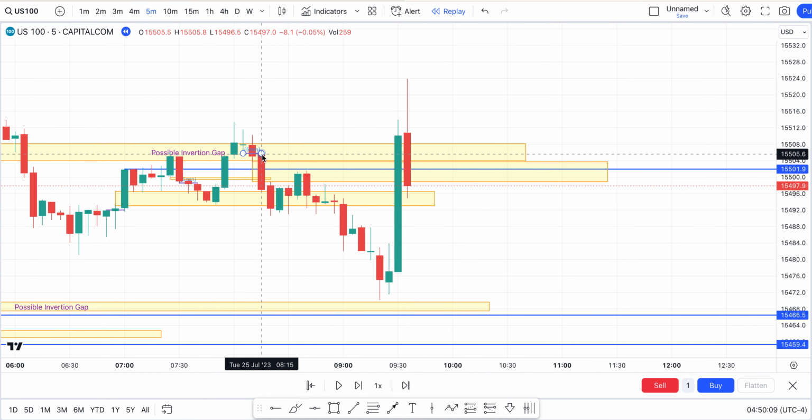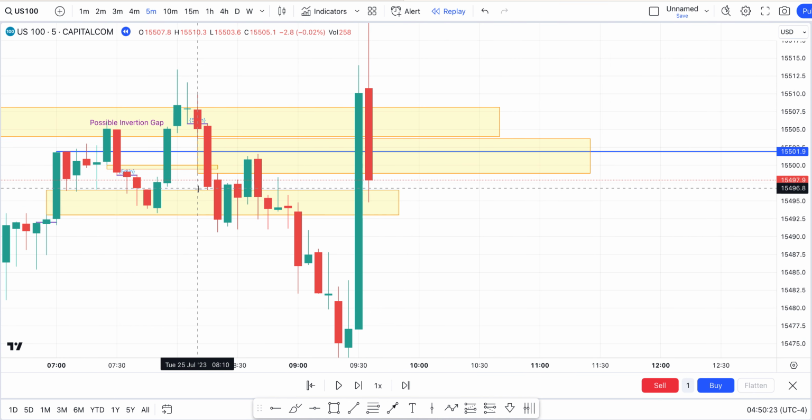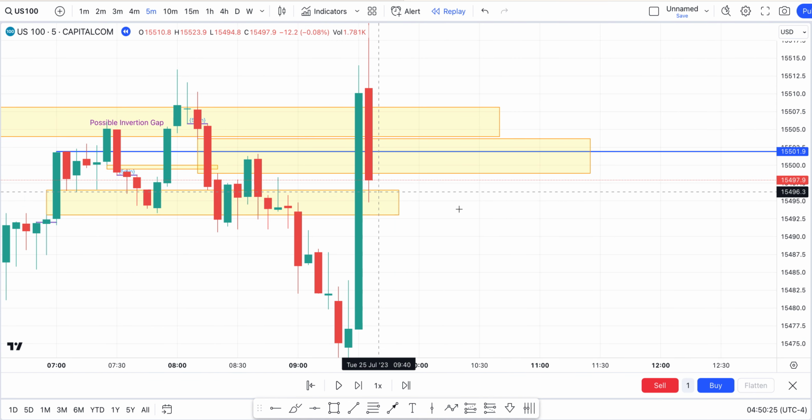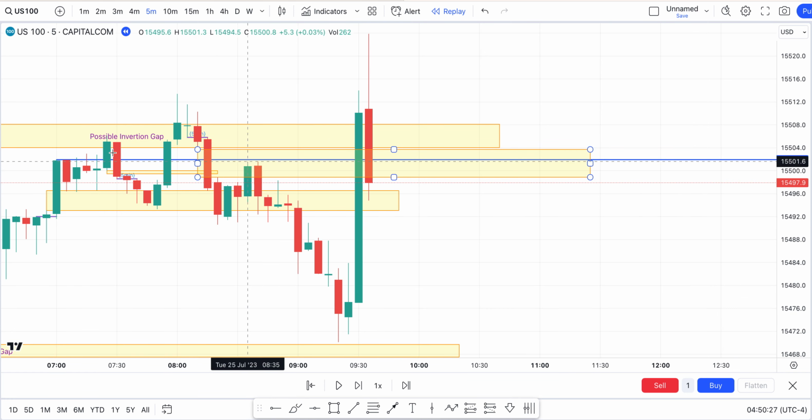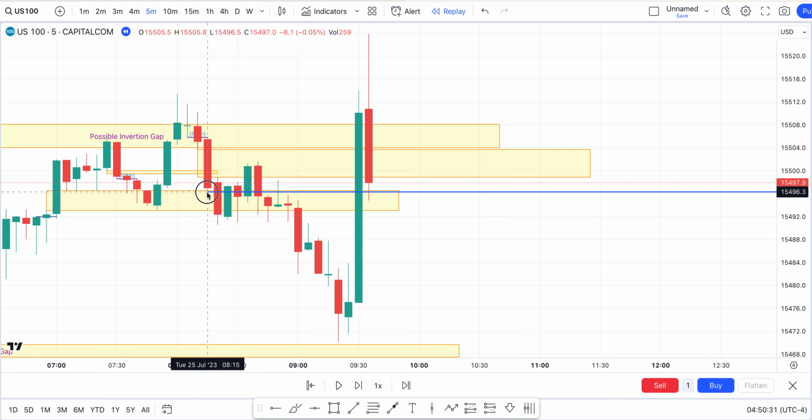So I'm going to activate it since the low was taken. No, sorry, the high was taken here. Activated. Still, no, I think the low was taken as well. Yeah, invalidated as well. Activated and invalidated.